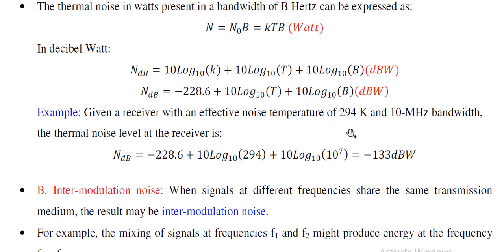The temperature in Kelvin, T, is equal to 294, and K is the Boltzmann constant. We apply the decibel, the 10 log 10. Okay, this is the formula. If we apply the 10 log 10, we end up with a noise that will weaken the original signal, equal to minus 133 decibel watts.